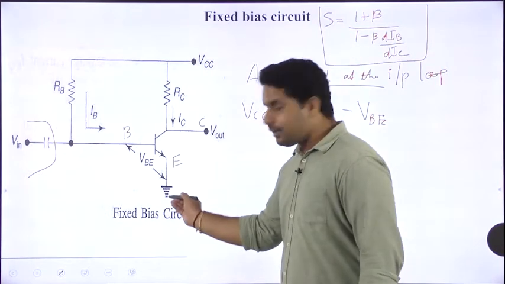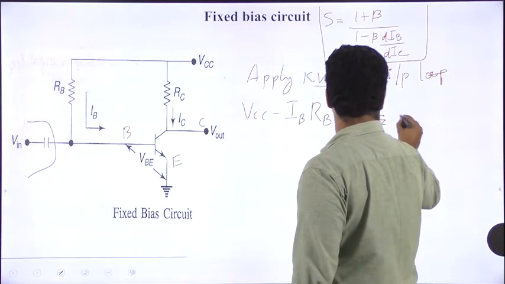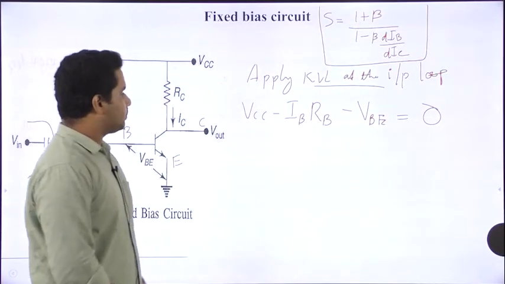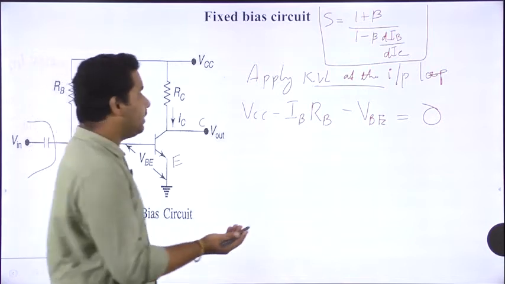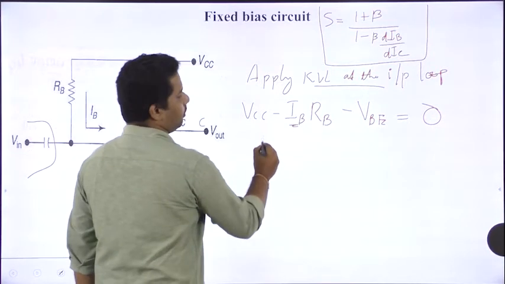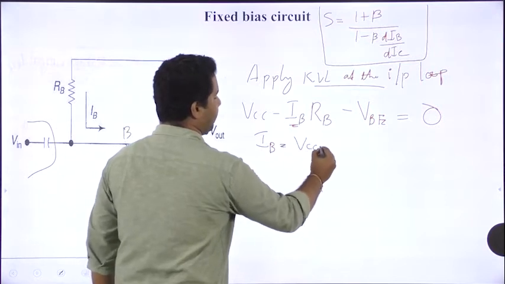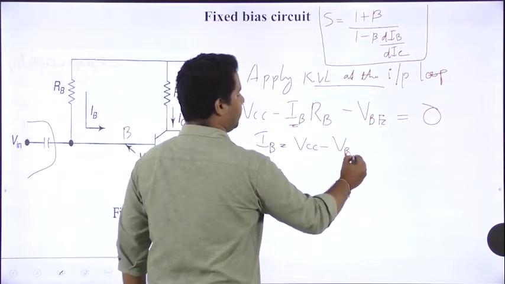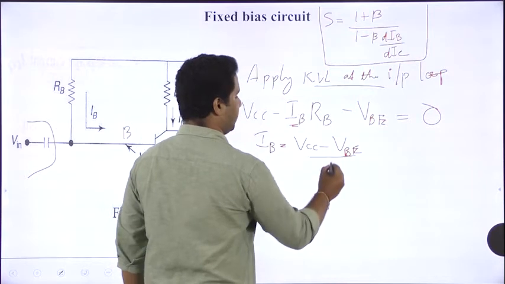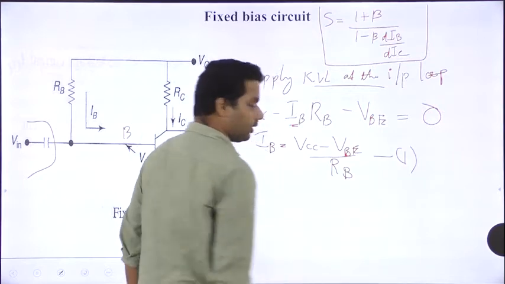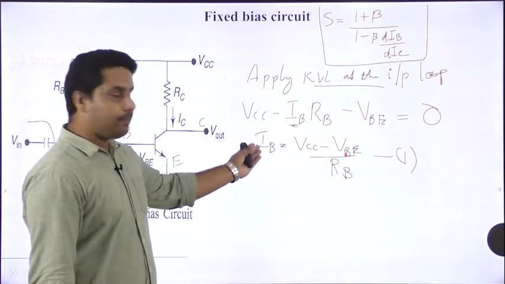Anything else? No, then directly to the ground. So equating to 0, and what we need is IB. So IB is equal to (VCC minus VBE) divided by RB. Equation number 1.